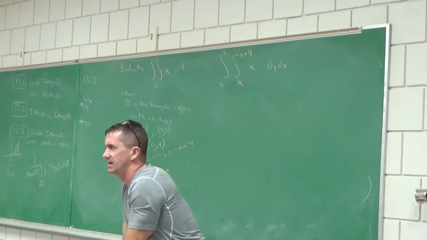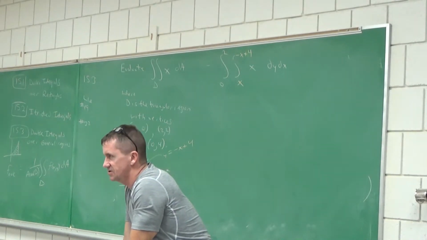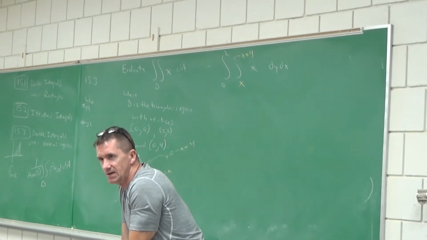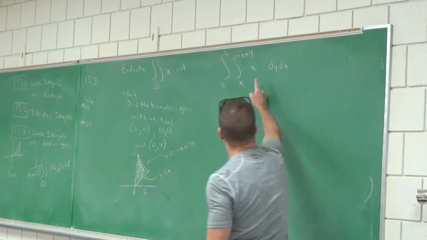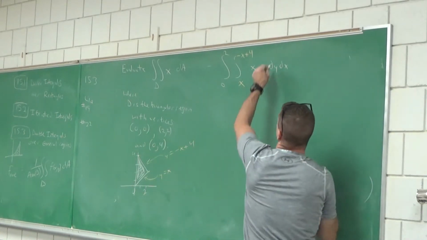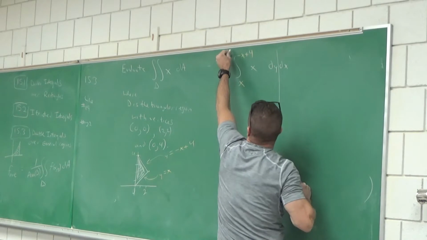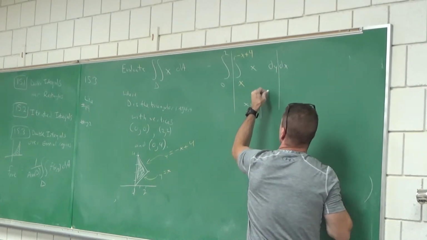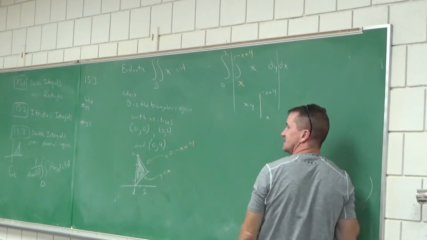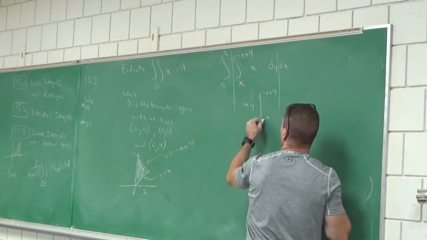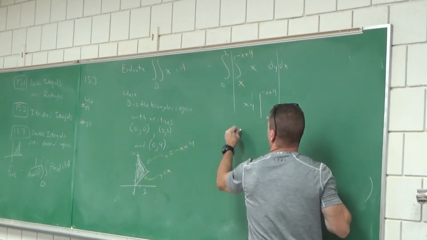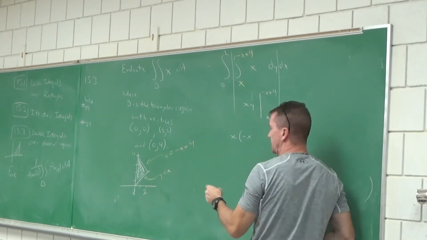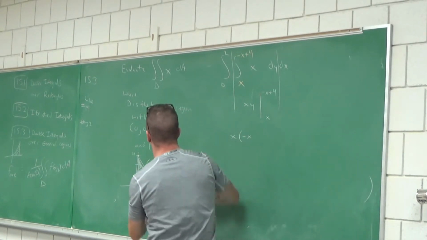I still think, everyone, today, it's good that you just show me that you know how to do iterated integrals. So what are you integrating this with respect to? y. All right. What's the integral of x with respect to y? x y. And you got to substitute a negative x plus 4 and then an x into the y's. So I get x times negative x plus 4. Someone told me 4 minus x. That's probably an easier way to write that.